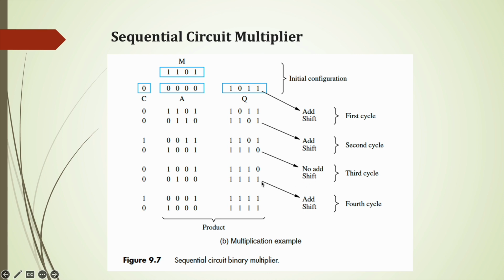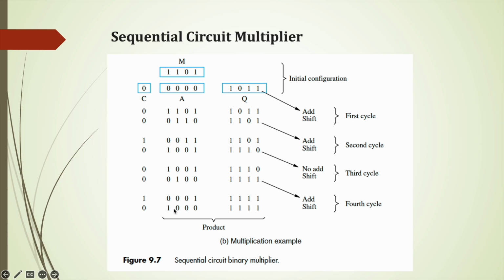Next, check the condition. What is present in the least significant bit is Q naught. The Q naught value is 1. For Q naught value 1, we have to add the M value and shift. Add the M value: 1 plus 0, 1, 0 plus 0, 0, 1 plus 1, 1 0 0 here, 1 carry from here, 1 plus 0 plus carry, 1 0 0 here, 1 here.